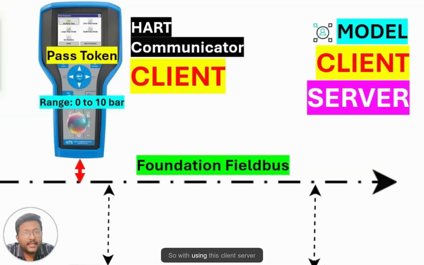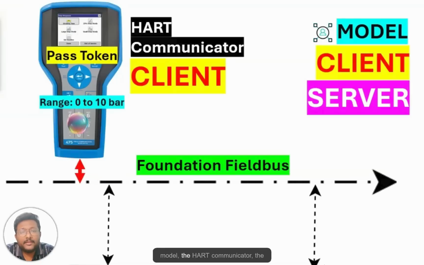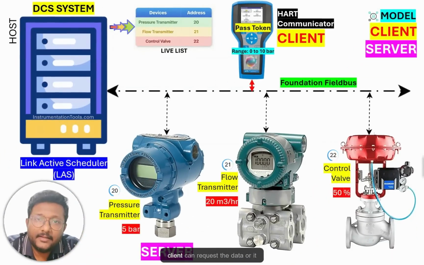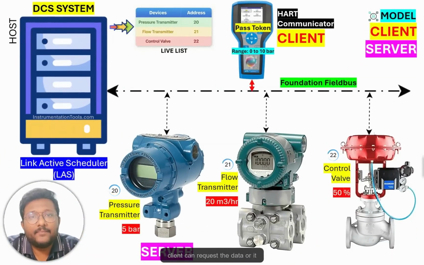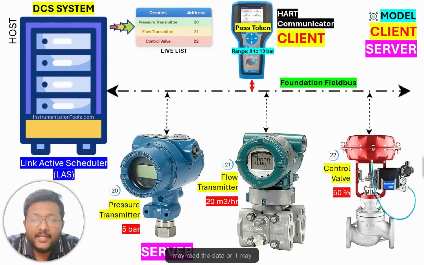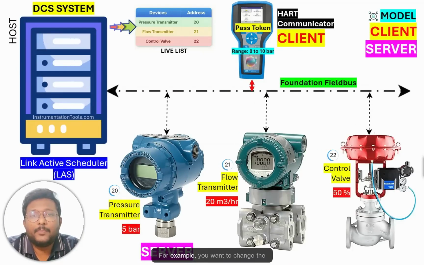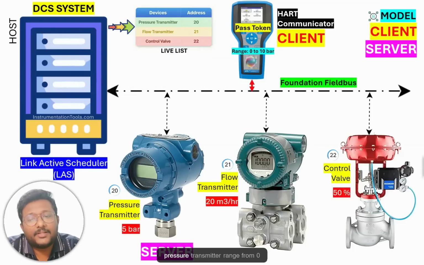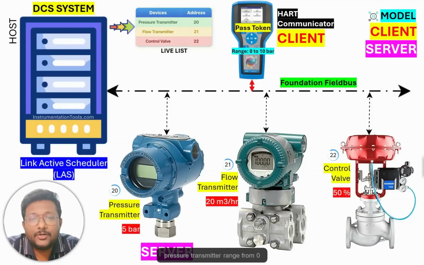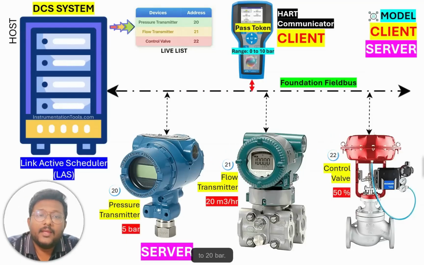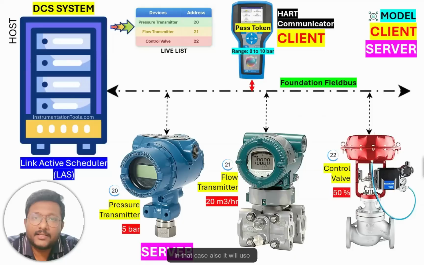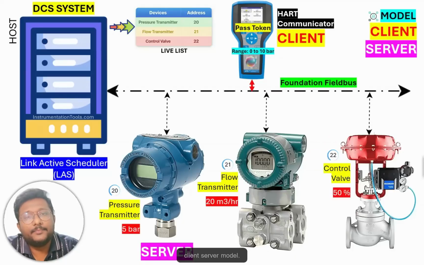So using this client server model, the HART communicator, the client, can request the data, or it may read the data, or it may write the data. For example, you want to change the pressure transmitter range from 0 to 20 bar. In that case also, it will use the client server model.